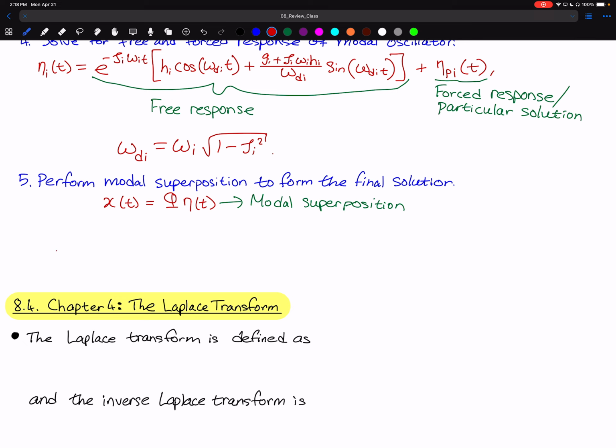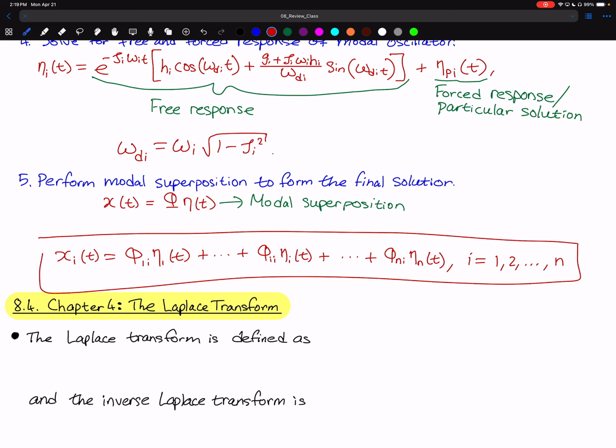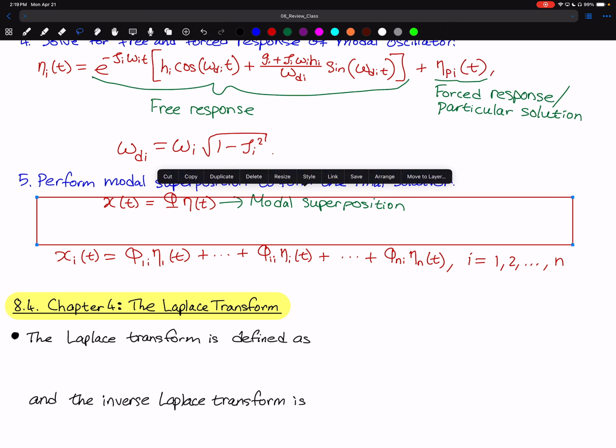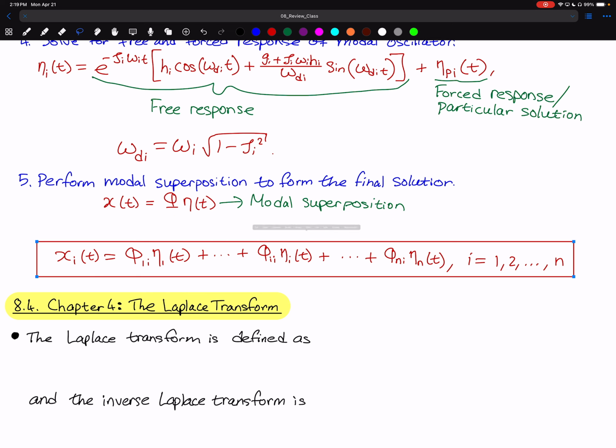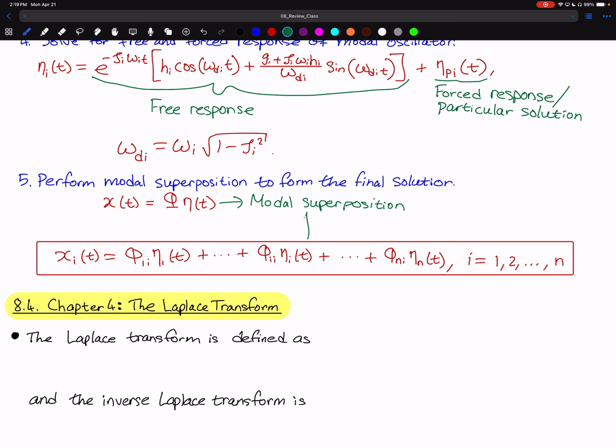And so this will be that we'll have x sub i of t is equal to lowercase phi sub 1i times eta 1 of t plus, plus phi sub i times eta i of t plus, plus phi n i times eta sub n, where i here is equal to 1, 2, all the way up to n, and that is the displacement of the ith coordinate. And this is what we mean by modal superposition.